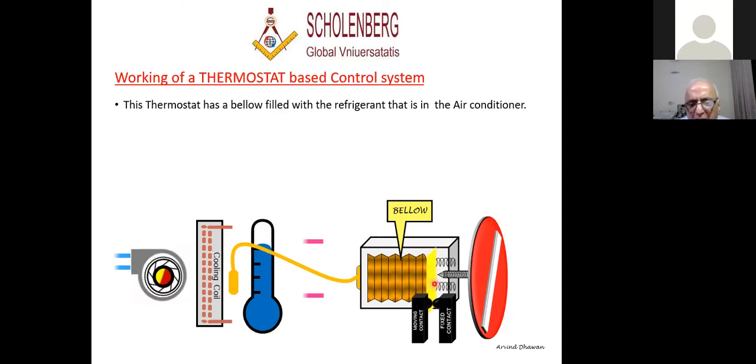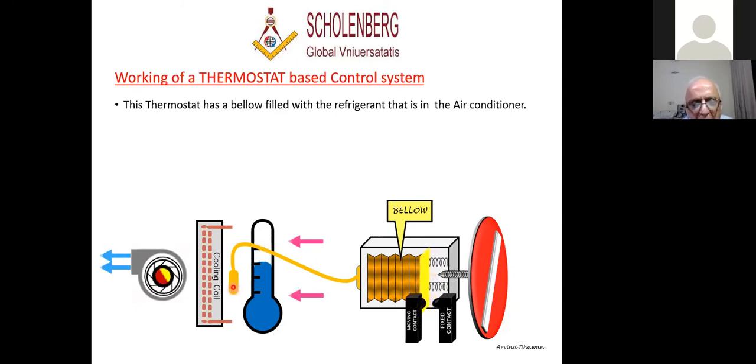And there's a small capillary, and there's a bulb. This also contains the refrigerant that is inside the system. So the bellow and this tail are interconnected through this capillary. There's gas all along, and they call this the thermal bulb.